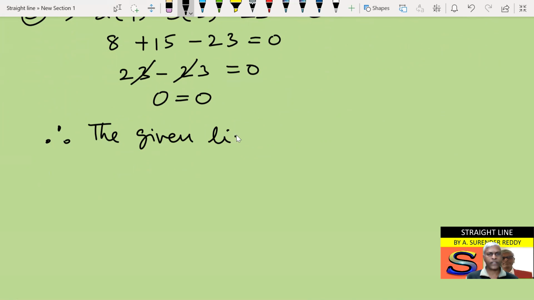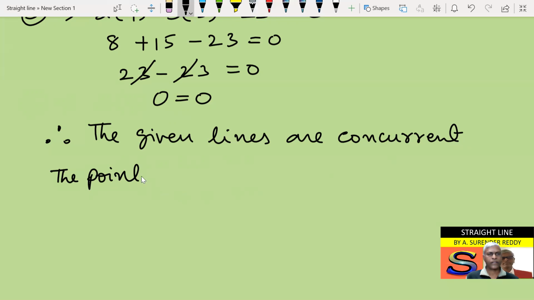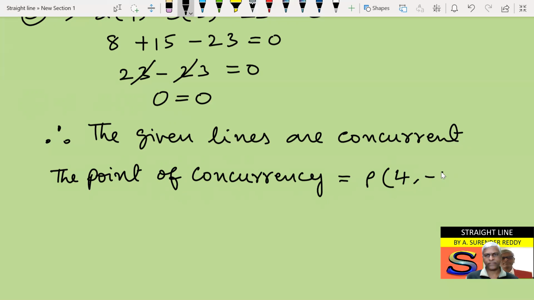And the point of concurrency is P (4, minus 5). The point of concurrency is (4, minus 5).